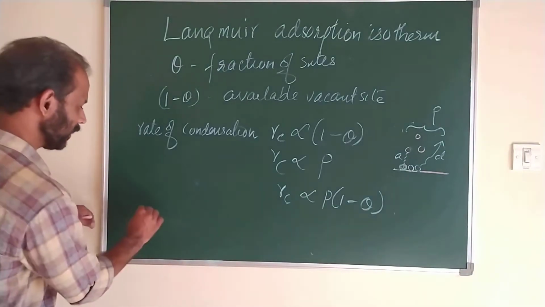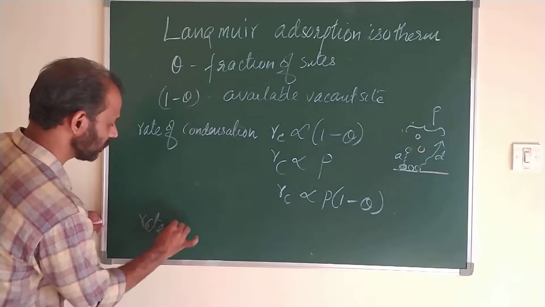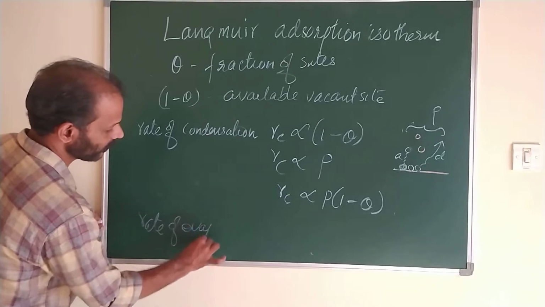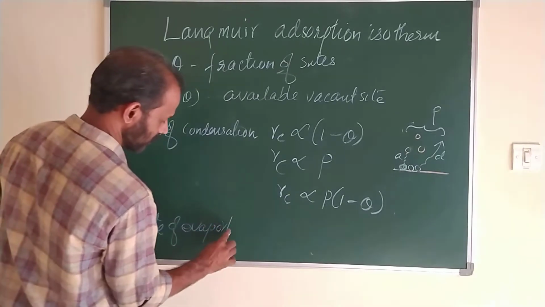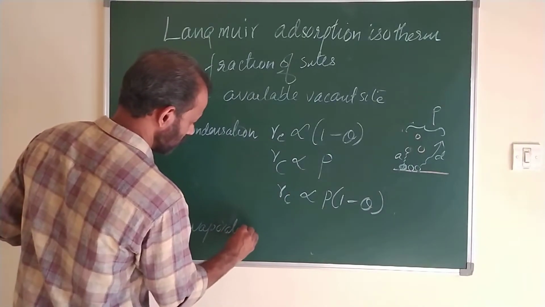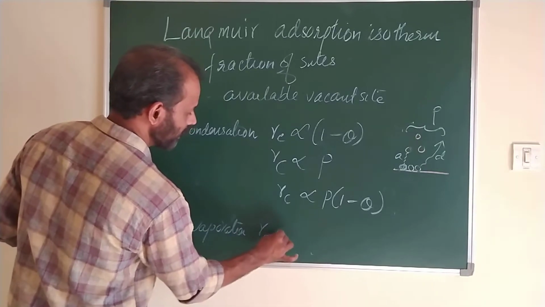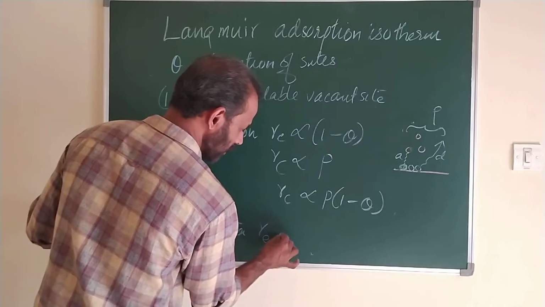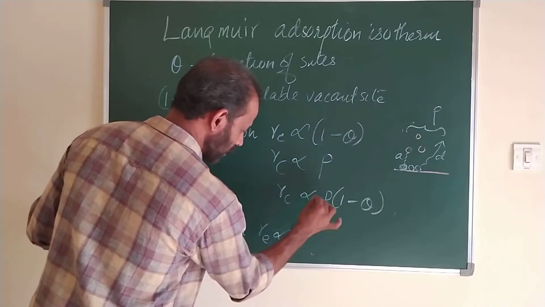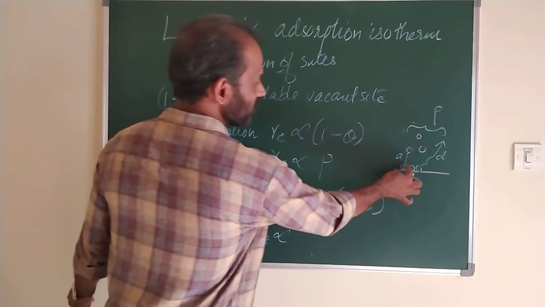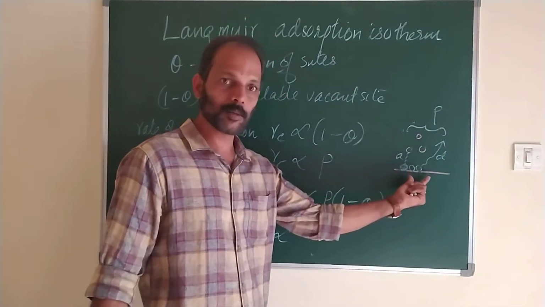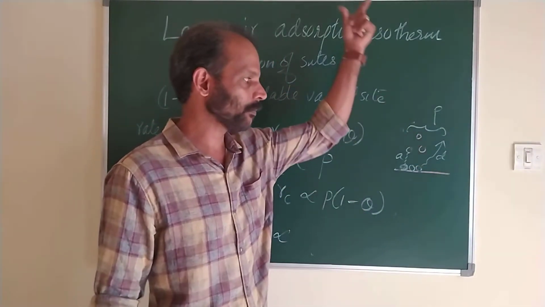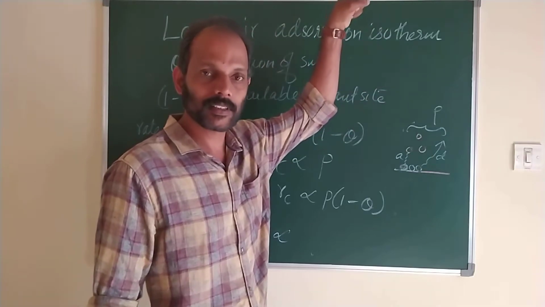Right? Then the rate of evaporation or rate of desorption, RE, is proportional to what? The number of sites already occupied. If there are 3 molecules occupied, all the 3 may be evaporated.